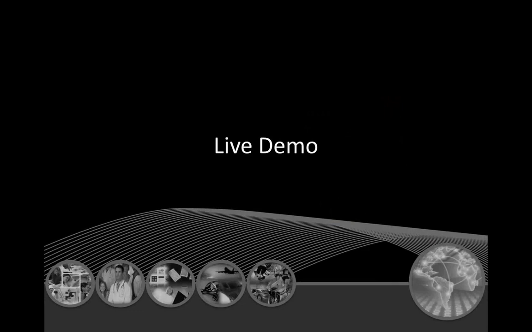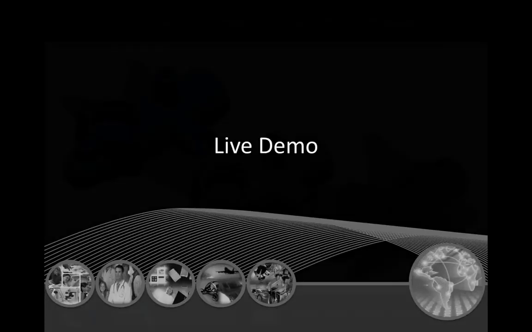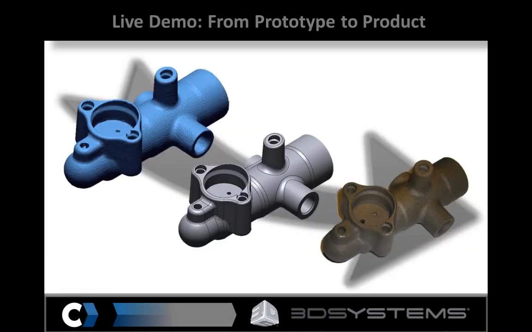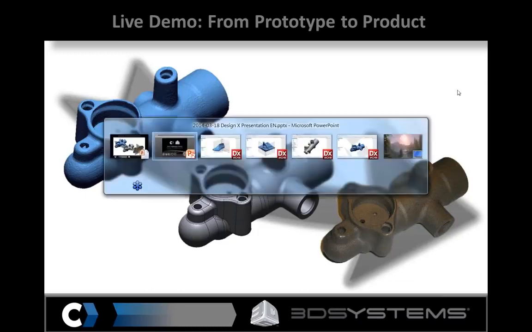Now I will show you a live demonstration of how to get from a 3D scan to a manufacturable or printable design. And this is the part which we want to see, and we will just get to this.